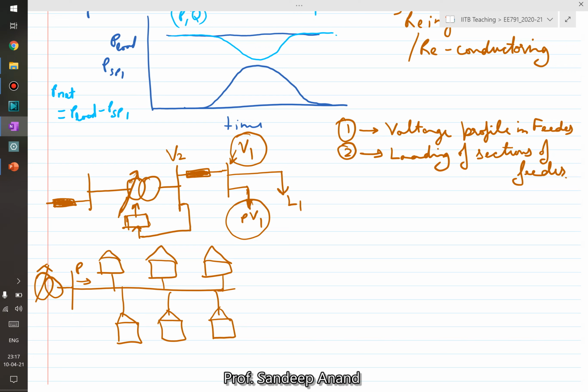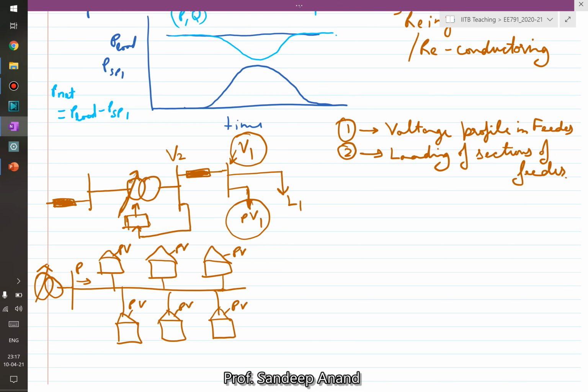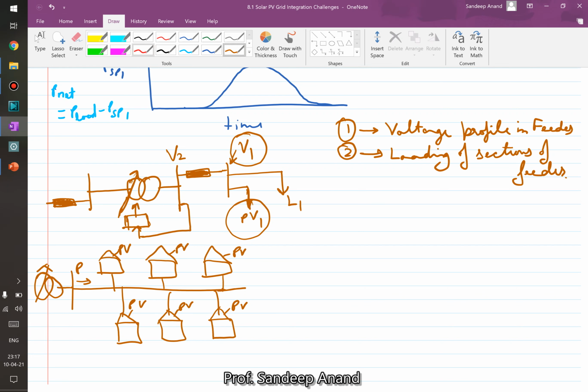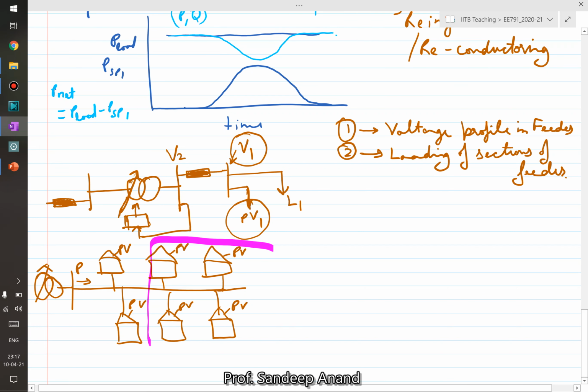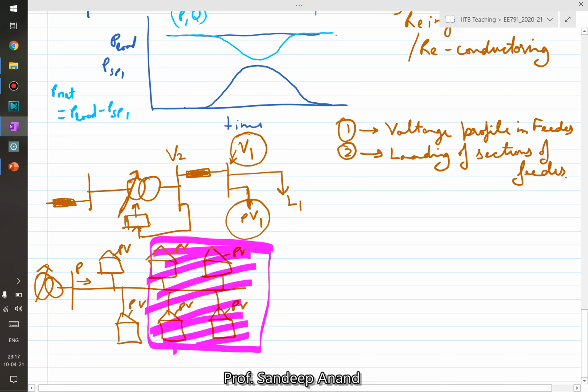But now let us look at what happens if it is solar. Again, you may say solar is also not located at one place. Each house has some amount of solar added to it. All the houses have solar photovoltaics on the rooftop, and they have inverters. But it is very likely in this situation that a bigger cloud, while traveling, would cover quite a few houses in one go.